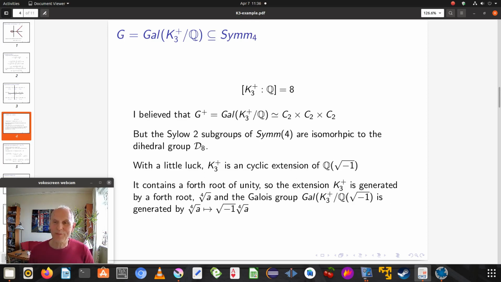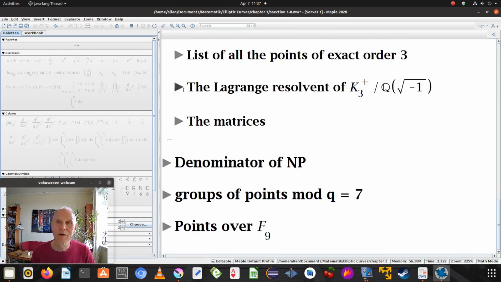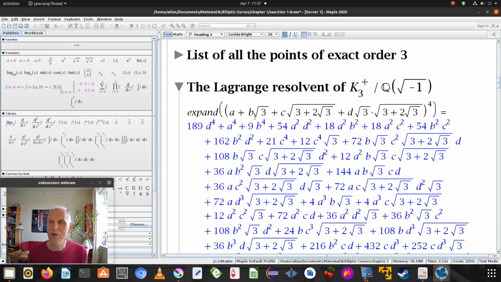Now, there was no indication in my book on field extensions and Galois theory how to do that, so I did it the hard way. It's called the Lagrange resolvent of this extension, with respect to, I've forgotten what that means. So I started the hard way to expand this, and that was intractable.